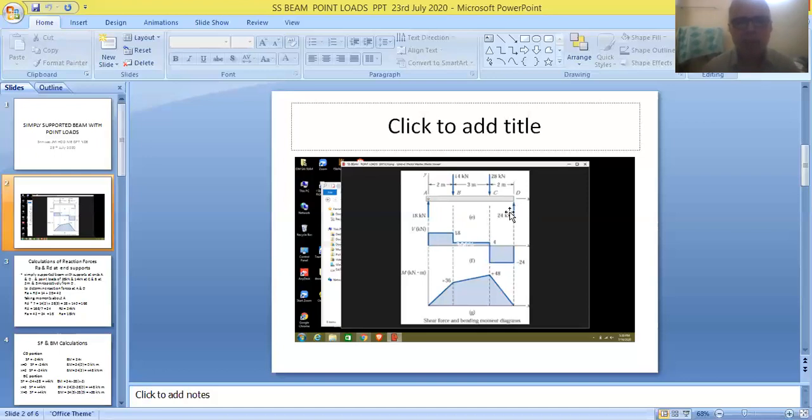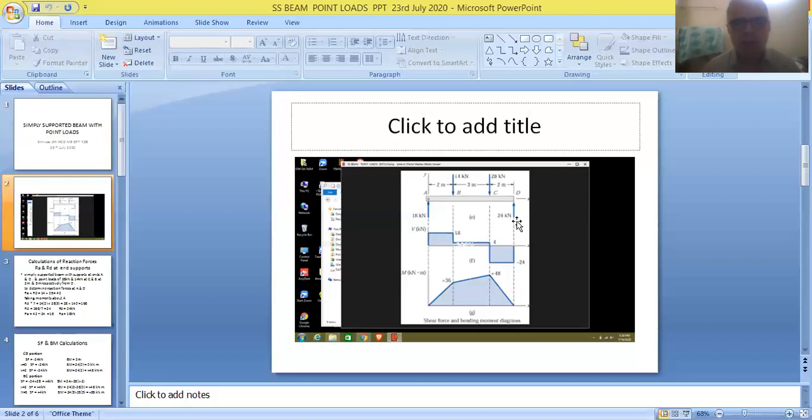So a beam has two ends, the left end denoted by letter A and the right end denoted by letter D, and both the ends of the beam are provided with supports. This is the support provided at the left end of the beam, and this is the support provided at the right end of the beam.